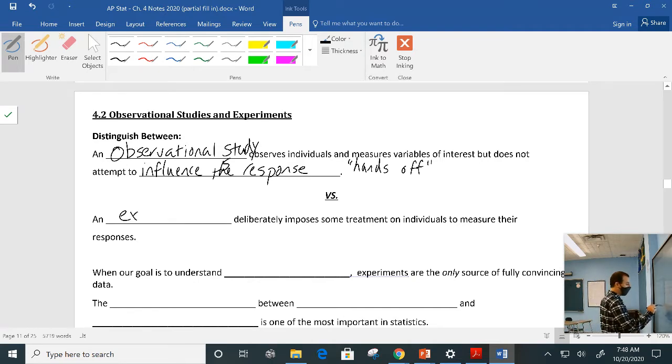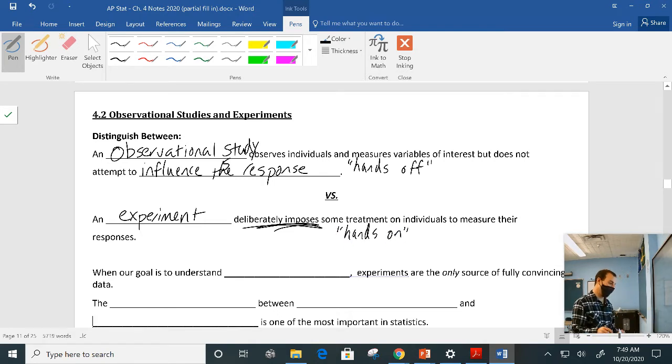An experiment, and this is the key difference, deliberately imposes some treatment on the individuals. This is a hands-on approach. Now I'm telling you, okay, you go sleep with 2 pillows. You go sleep with 3 pillows. You don't sleep with any pillows. Now I'm deliberately imposing a treatment. That's an experiment.